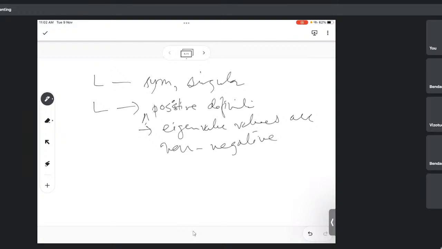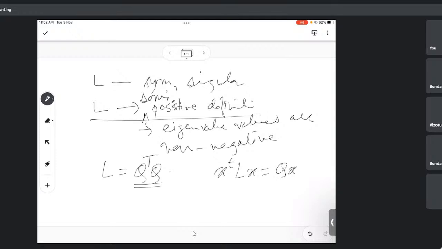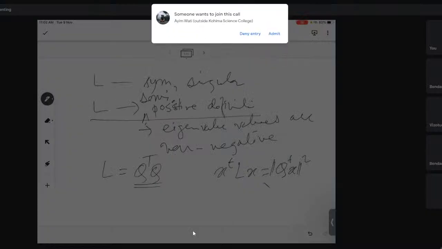And this can be proved from the fact that L is actually equal to Q transpose Q, where Q is called the directed incidence matrix or oriented incidence matrix. And if we consider some vector x, this will give us the norm of Qx, whole square. So this is something like this, right?